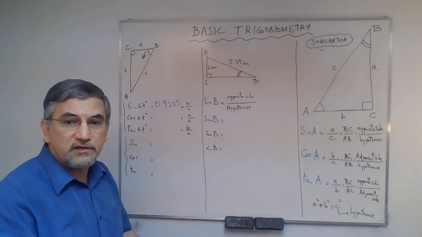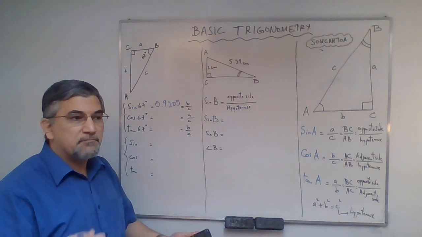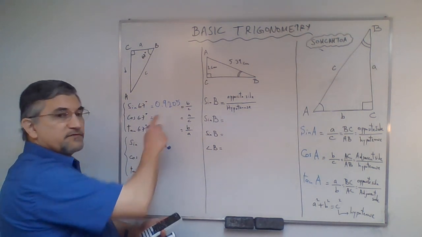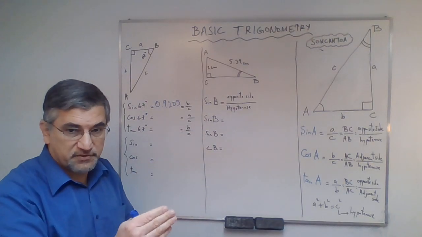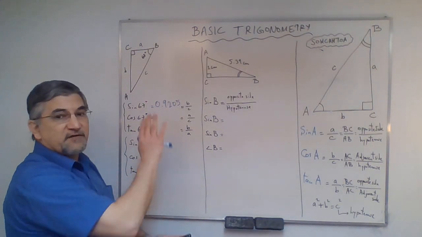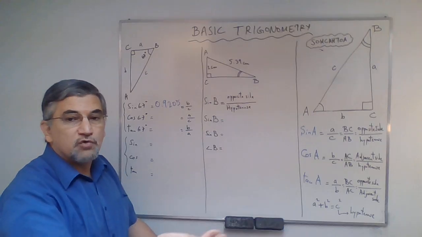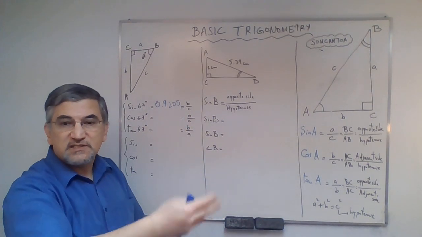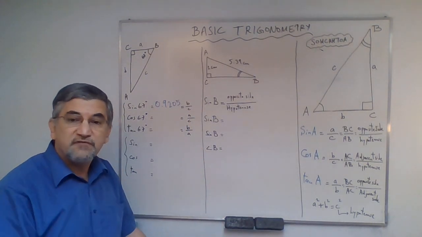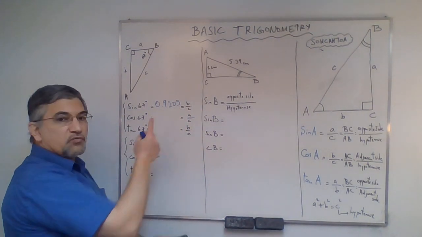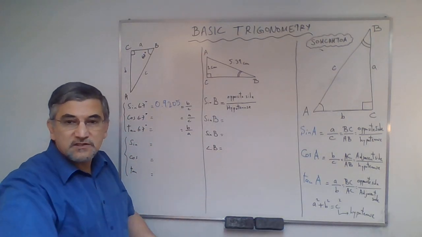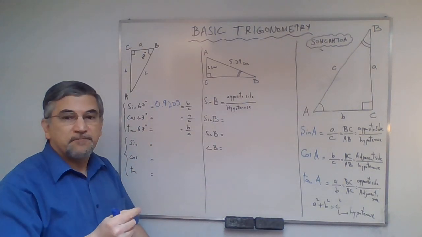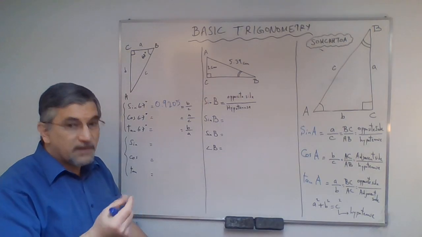If you want, you can write it. Nothing is wrong with that. But the thing is that up to 4 digits after the decimal point accuracy is good enough for our purposes, okay? 4 digits after the decimal point, good enough. You want to include 5 digits, 6 digits, 7 digits, 10 digits, that's totally fine. But you can't just include only 1 digit. You can't say sine of 67 is 0.9, because it might not be accurate enough in doing some questions.